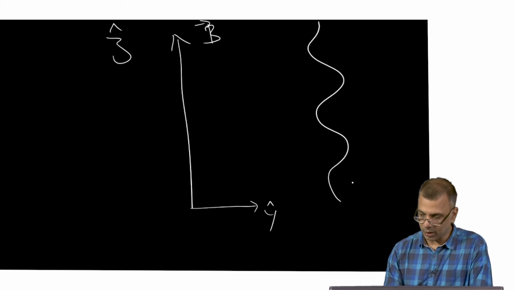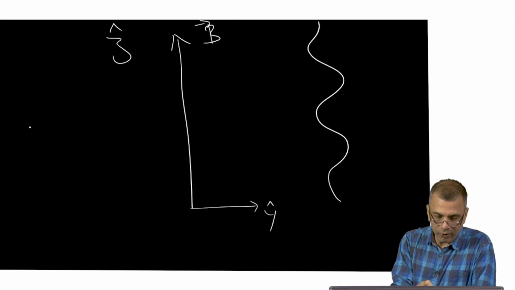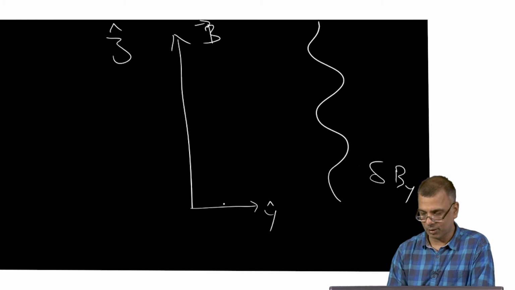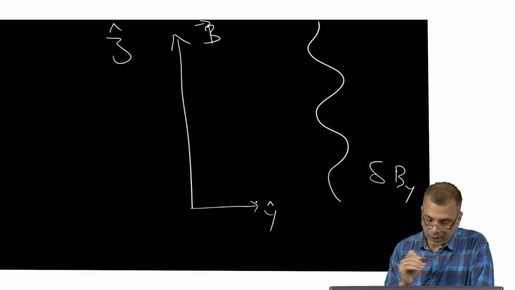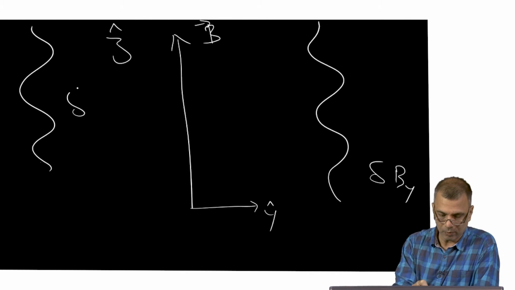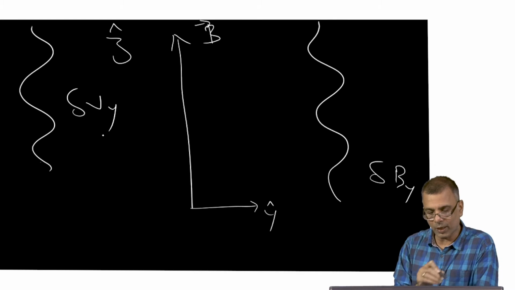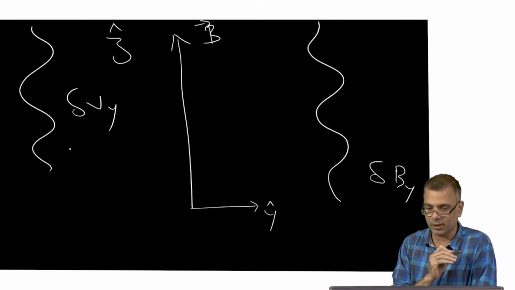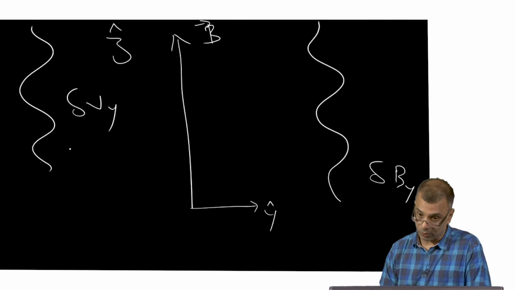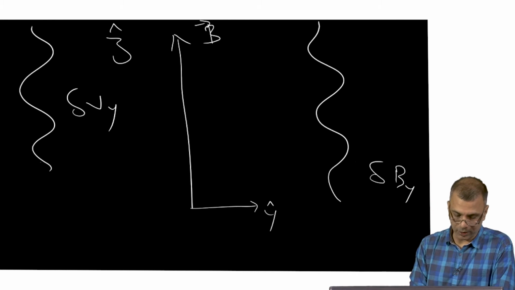So the magnetic field is perturbed in the y direction, and the velocity is also perturbed in the y direction. This is the situation that we are considering. In other words, transverse perturbations.